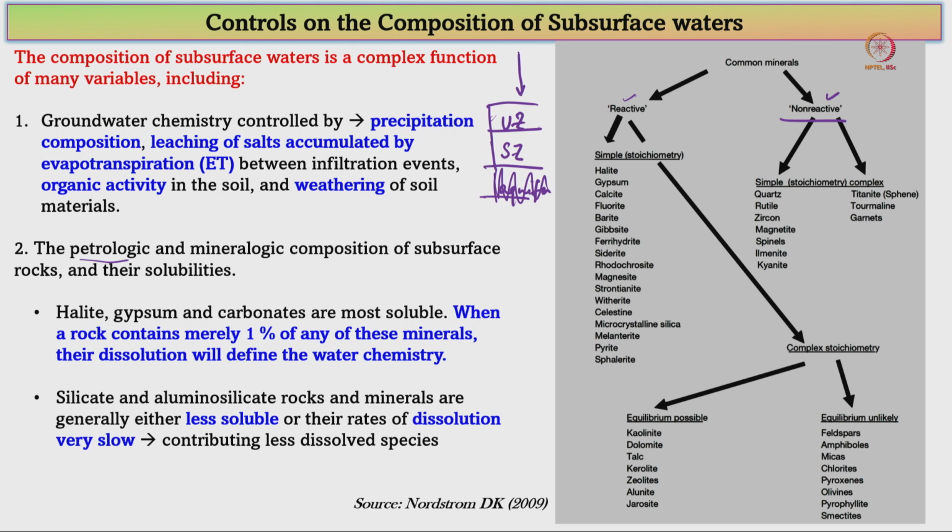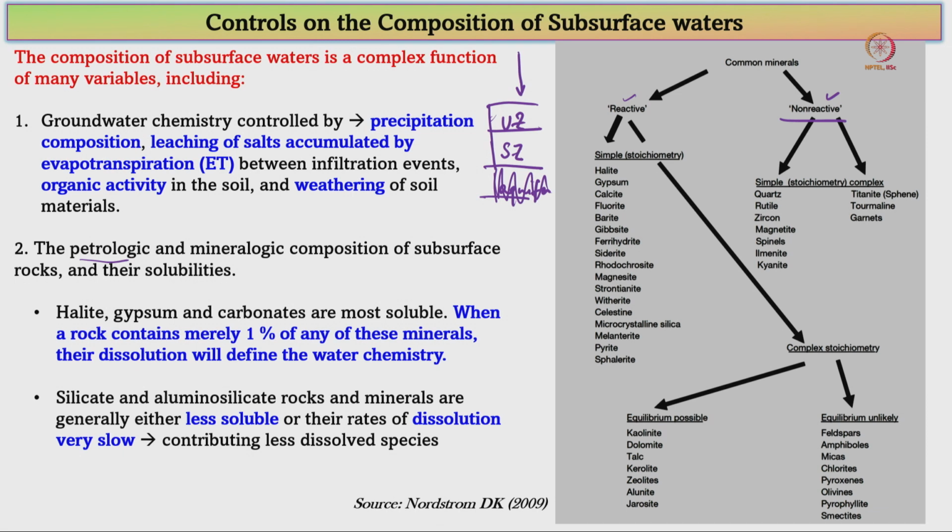Kaolinite is a type of clay mineral, and dolomite is a type of carbonate mineral. They are very easily soluble and reactive, and they start reacting immediately, as compared to the other group, which is feldspars, amphiboles, micas and so on.